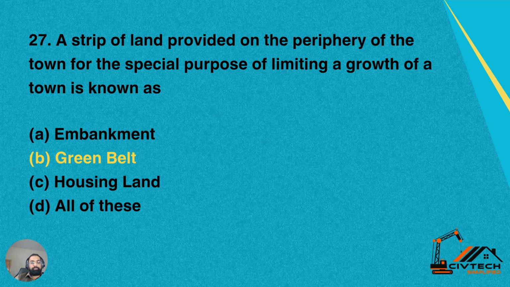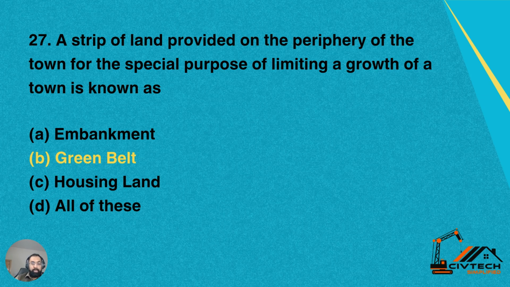Question 27. A strip of land provided on the periphery of the town for the special purpose of limiting the growth of a town is known as: A, embankment; B, green belt; C, housing land; D, all of these.